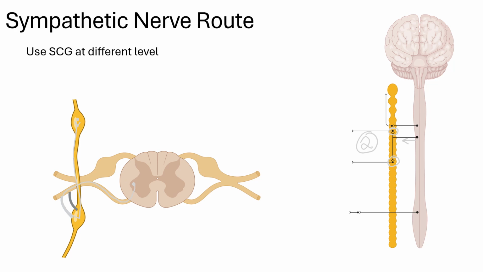And this postganglionic fiber will leave the sympathetic chain ganglia by way of the gray communicans and then travel all the way out to the target organ, which is going to be cardiac, smooth muscle, or a gland. So this is very similar to the spinal nerve route. But instead of using the first ganglia we encounter in the sympathetic chain ganglia, we're going to go upward or downward to other levels, synapsing there.